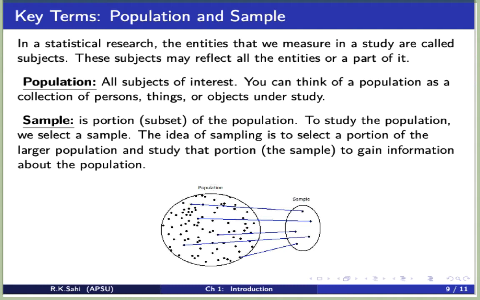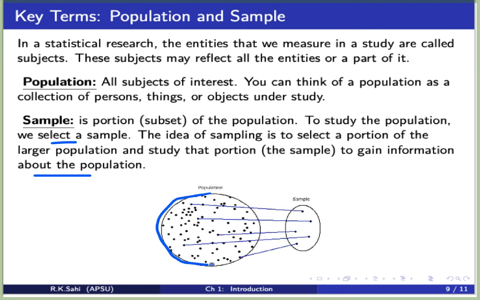Sample, as the name says, is just a part of the population. Now, in order to do our study of the population, we select a sample, and then we apply some statistical techniques on it. And then based on our study of that portion, the sample, we gain information about the population. You can think of this population as the big, huge circle.